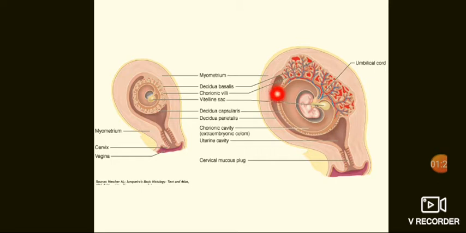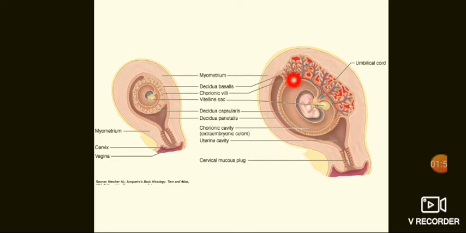The chorionic plate, which forms the fetal component of the placenta, is formed by the trophoblast and extraembryonic mesoderm. The chorionic plate is divided into two parts, chorionic frondosum and chorionic laeve. Chorionic frondosum is towards the decidua basalis.